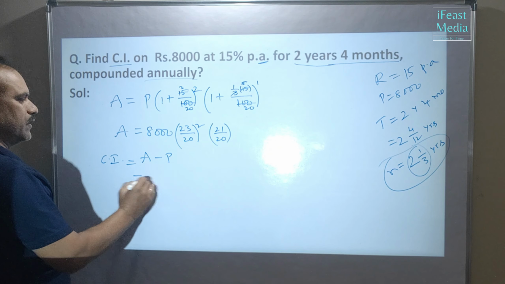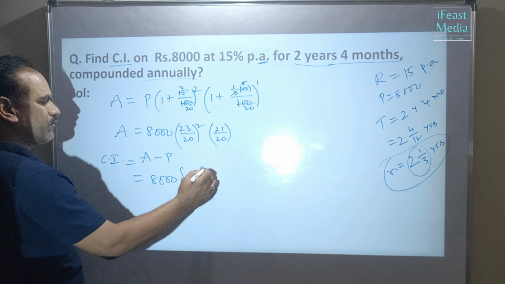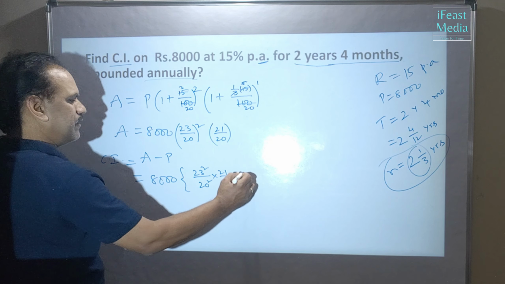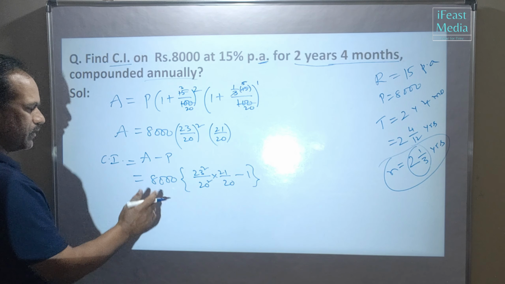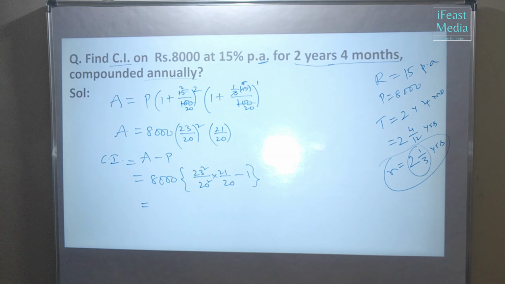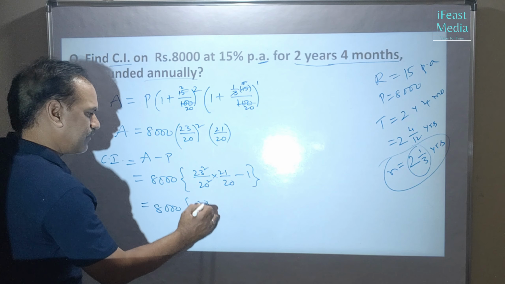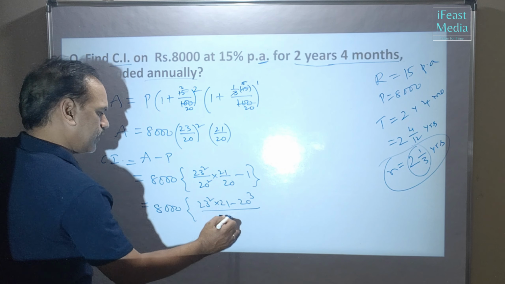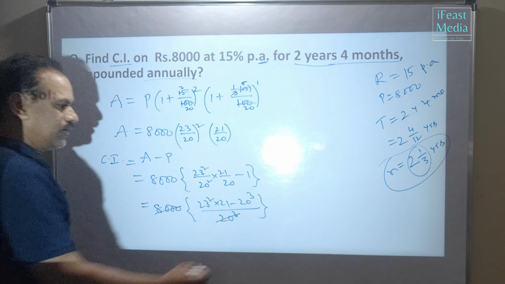Amount minus P: 8,000 into 23 square by 20 square into 21 by 20, minus P, which is 1 here. I took 8,000 common. So it is 8,000 into 23 square into 21 minus 20 cube by 20 cube. 20 cube is 8,000, so that gets cancelled.